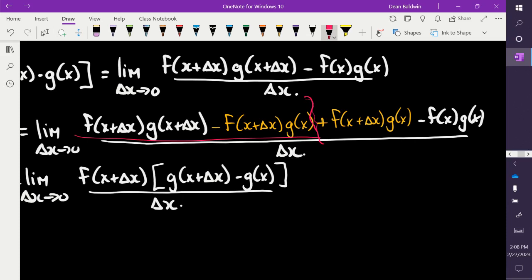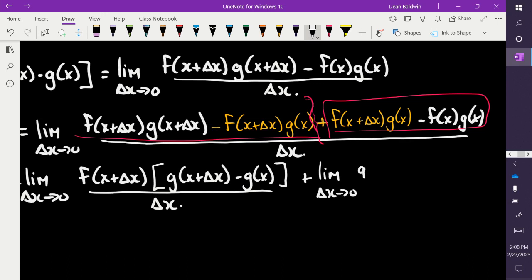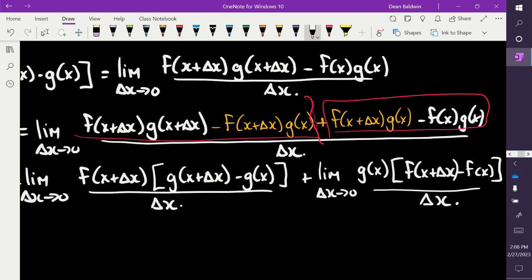And then the second part, this bit, I can factor a g of x out. Is everybody okay?